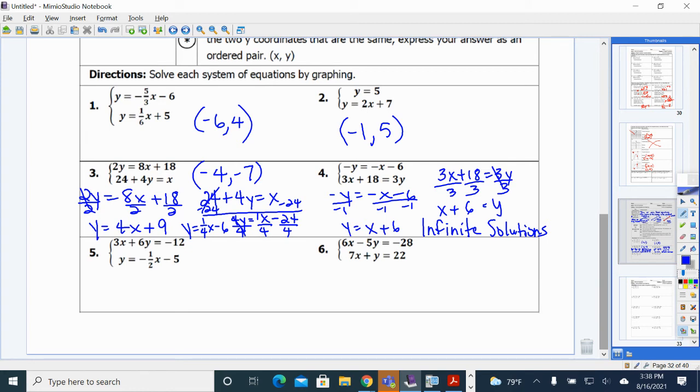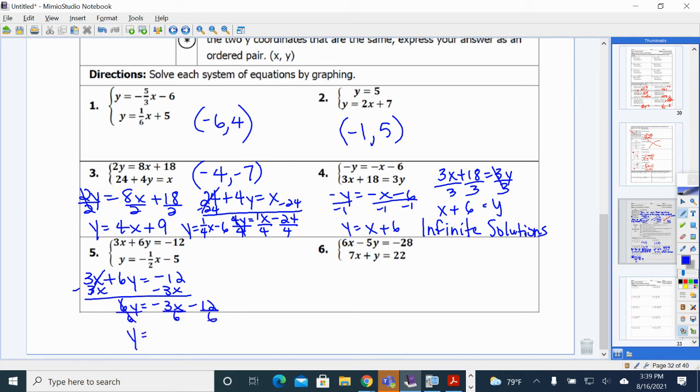For the next set, one of our equations is good. We just have to take the 3x plus 6y equals negative 12 and make it say y equal. So the first thing I'm going to do is subtract the 3x. And when we do that, remember you cannot combine the 3x and the 12. You're just going to bring both of them down. We're going to divide everything by the 6.